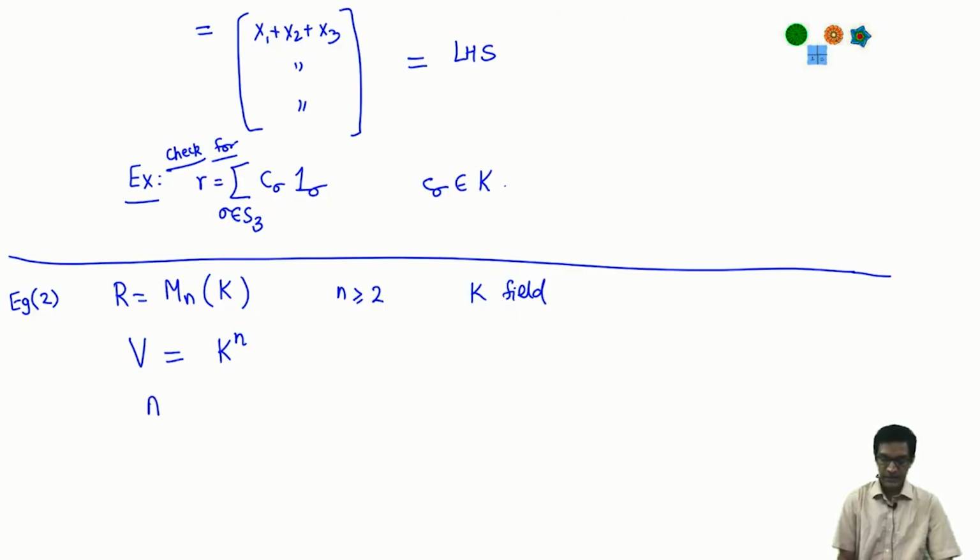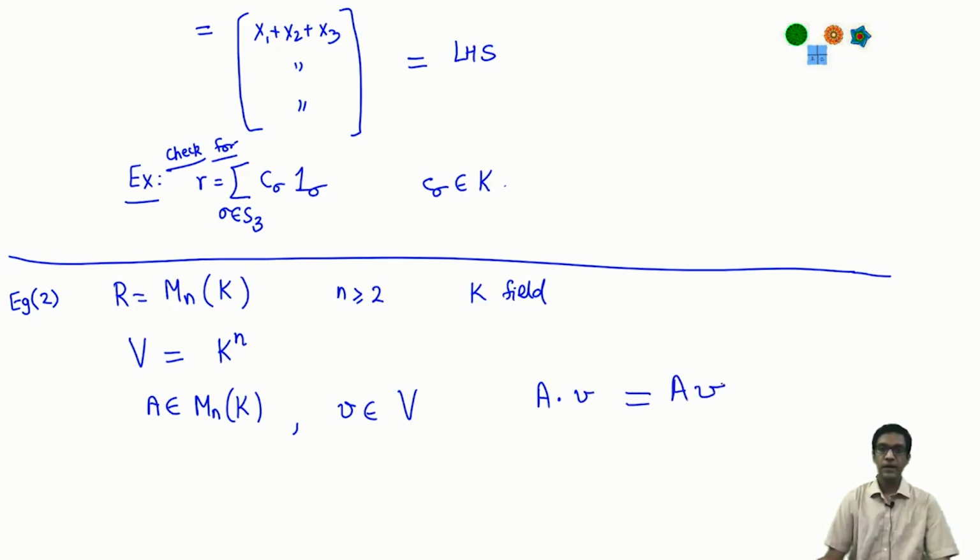If I take an element of R, in this case elements of R are nothing but matrices. So if I take a in M_n(K) and v in V, then how do I scalar multiply v with a? Well, the answer is you just multiply that matrix with that vector, it will again give you a column vector. That's the answer.